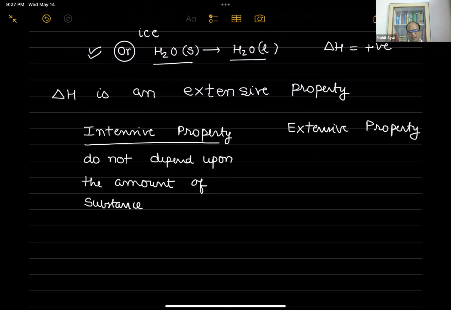Can you give me some examples of intensive properties, like boiling point or melting point?